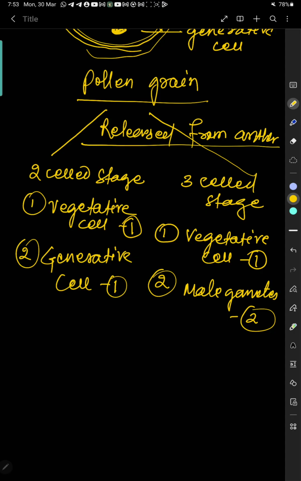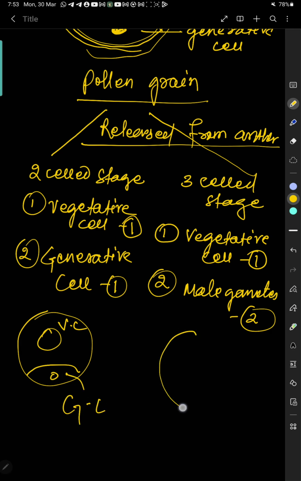So what happens in the two-cell stage? If this is the pollen grain, then this is the vegetative cell, this is the generative cell. But in the three-cell stage, the vegetative cell remains as it is, and the generative cell divides into two male gametes.